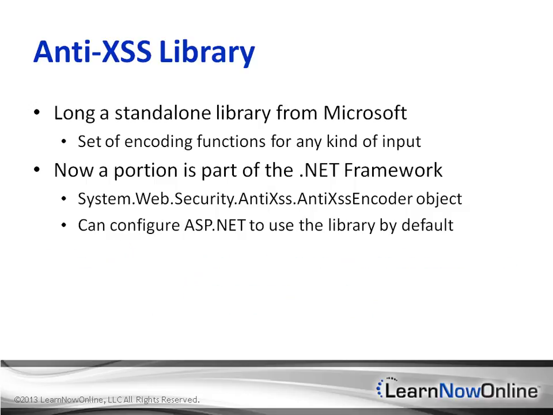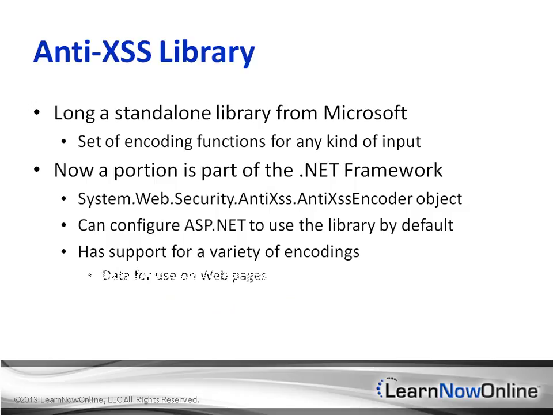So there's a number of features that Microsoft incorporated from the library, support for a variety of encodings. One is data for use on web pages. And this includes HTML encode, HTML form URL encode, and HTML attribute encode. And then there are methods that encode XML data, including XML encode and XML attribute encode.